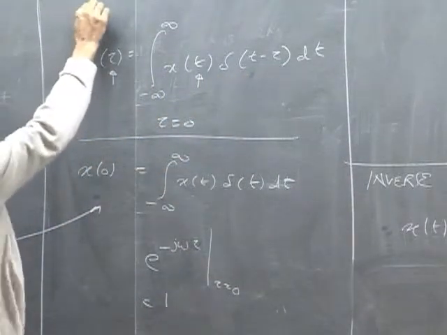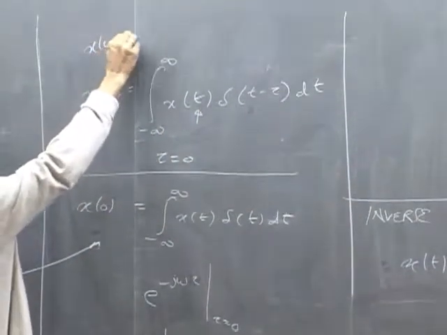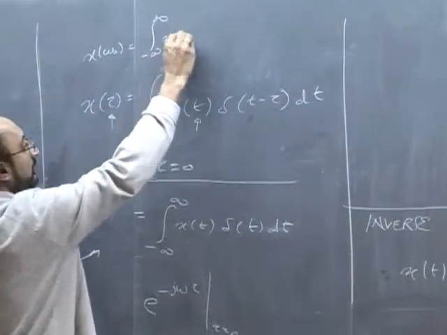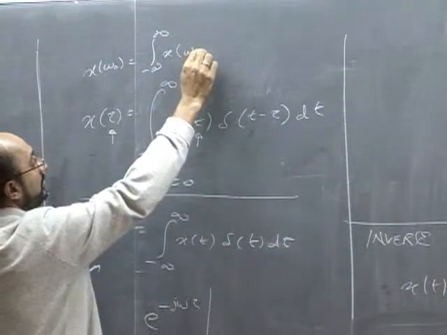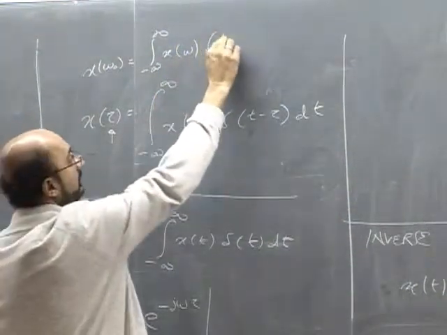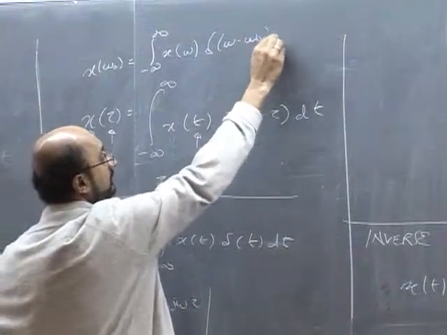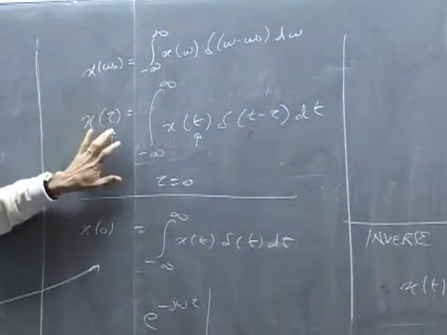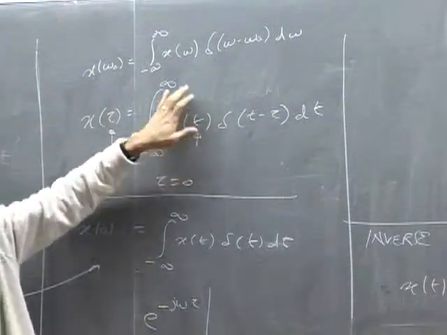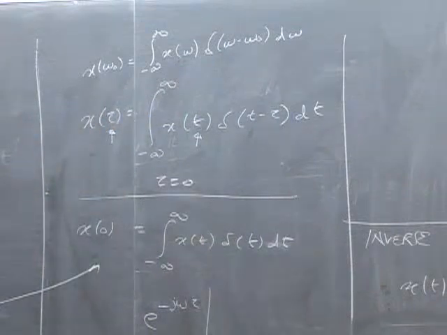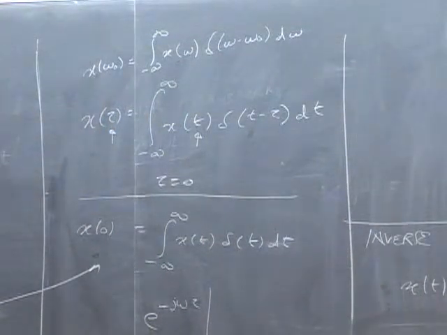So I'll get x of omega naught equals the integral from minus infinity to infinity of x of omega delta of omega minus omega naught d omega, right? I've just substituted tau as omega naught and t as omega, and this equation continues to hold because substituting symbols doesn't change it. It's just symbols.